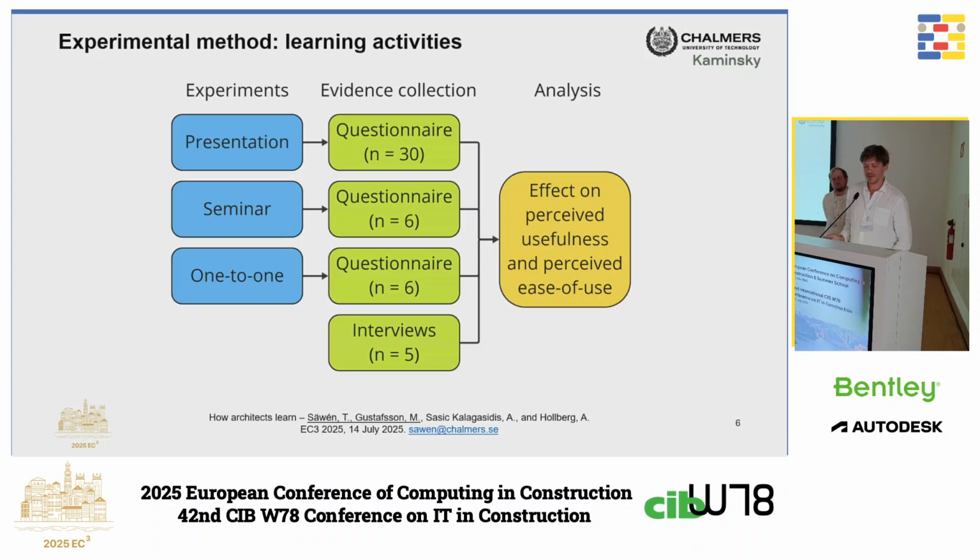Following these activities, questionnaires were sent out to the participants to understand how their perception changed. And we also conducted interviews with employees throughout the organization hierarchy to triangulate the survey results.